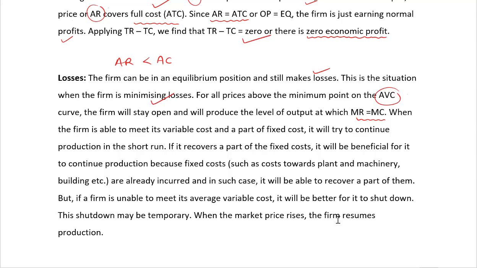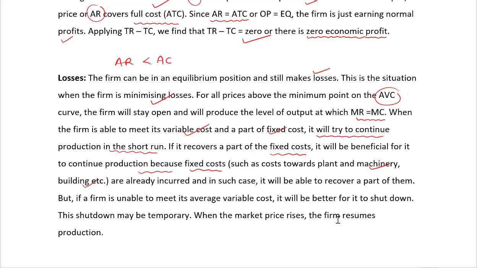When the firm is able to meet its variable cost and a part of its fixed cost, it will try to continue the production in the short run. If it recovers a part of the fixed cost, it will be beneficial to continue the production, because fixed costs such as cost towards plant and machinery, building are already incurred. In such case, it will be able to recover a part of them.